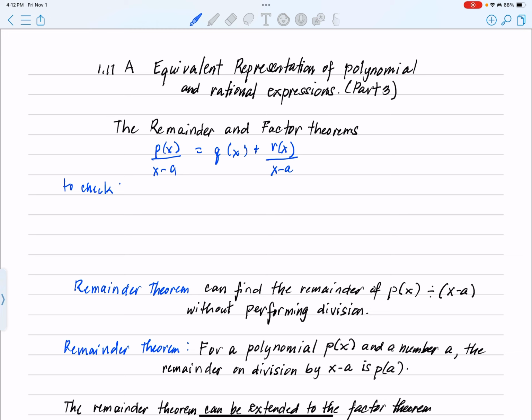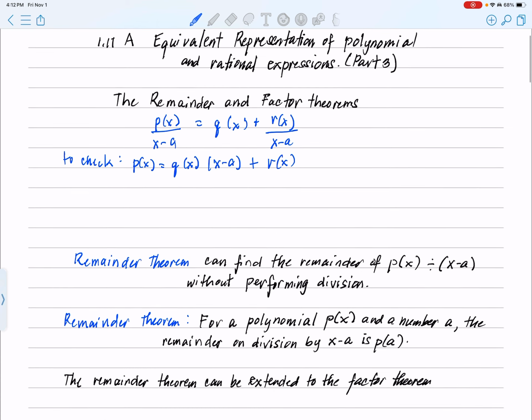So if our quotient is q of x, we multiply it by the divisor, which is x minus a, and then add the remainder. Okay, we have some kind of notation right here.